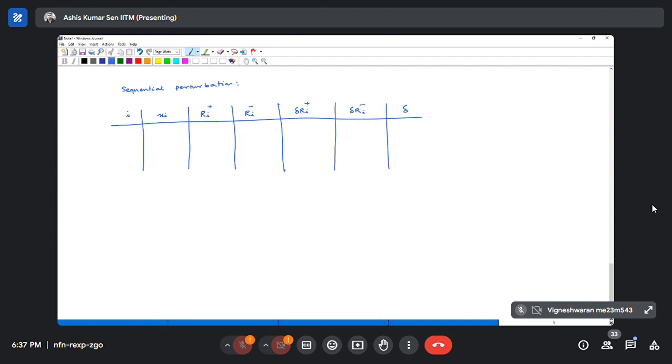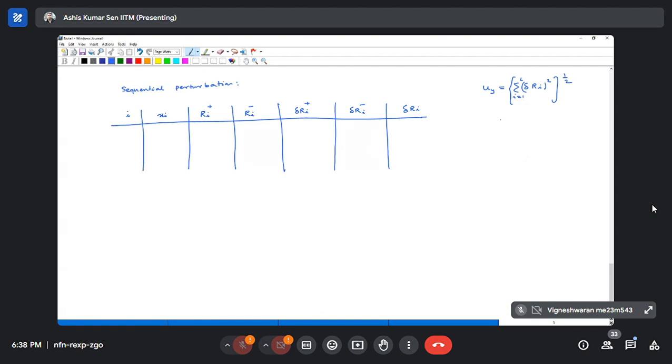From there we get delta ri, and we said that u of y is basically the sum of delta ri squared, i equal to 1 to L, to the power half. This is the formula.